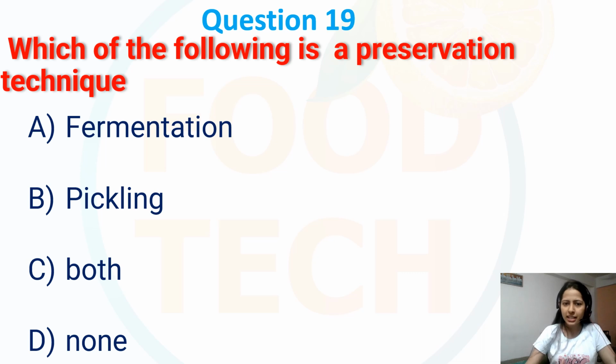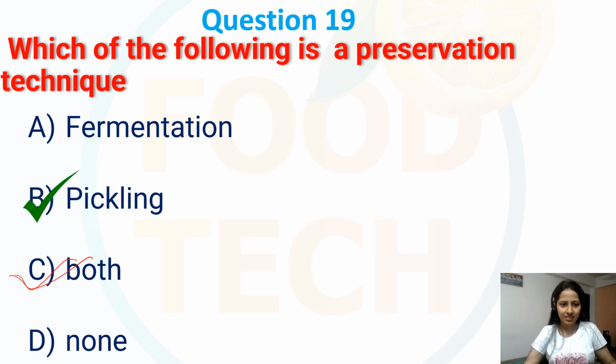Next, pickling. Pickling involves preserving food in an acidic environment, for example using vinegar or citrus juices, which inhibit the growth of microorganisms, so we can preserve the food product. So the correct option is C, both. Okay. Next.